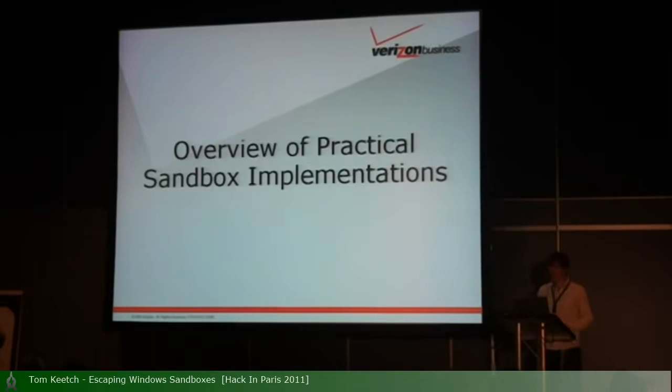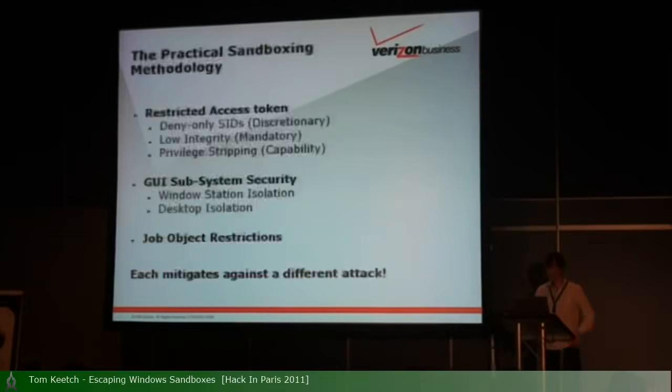Okay, so here's an overview of how these sandboxes are implemented. The practical sandboxing methodology brings together, depending how you measure it, 3, 4, 6 different mechanisms. The main one is the use of restricted access tokens.